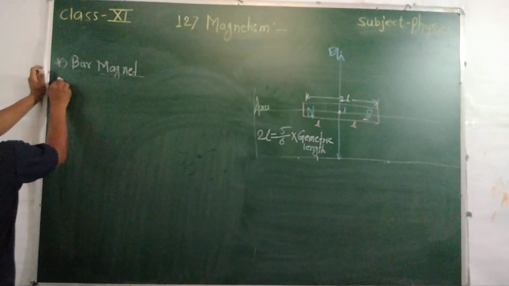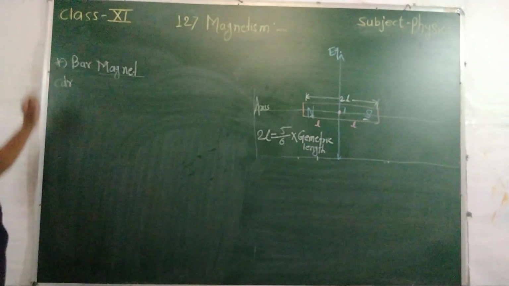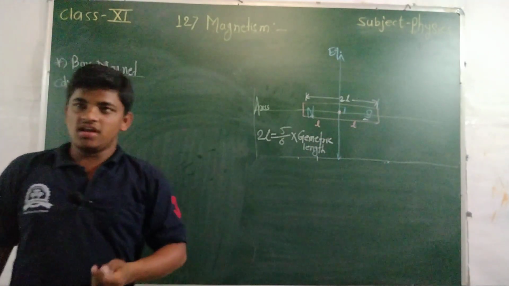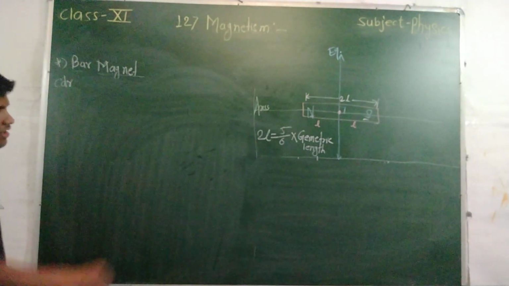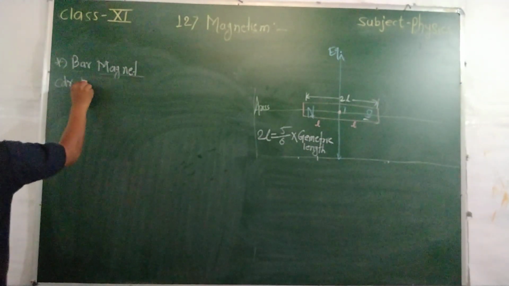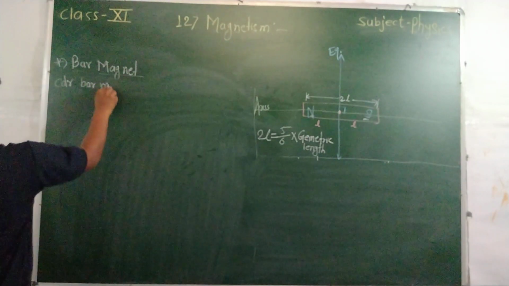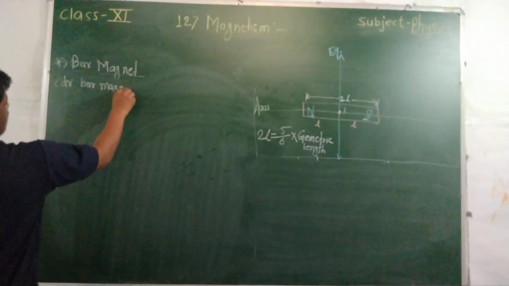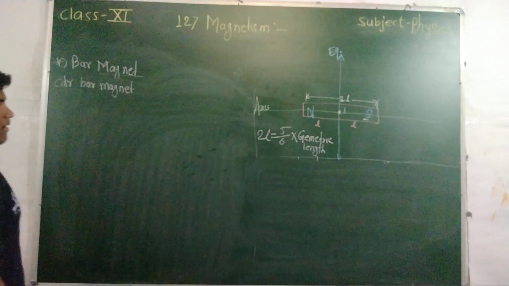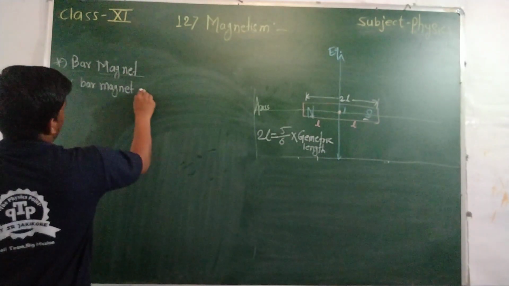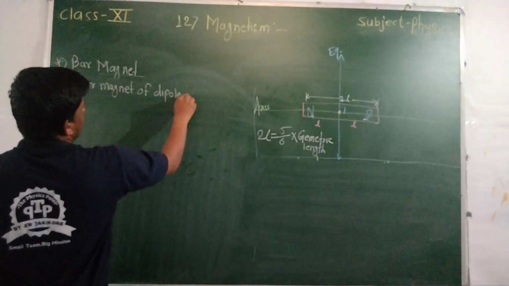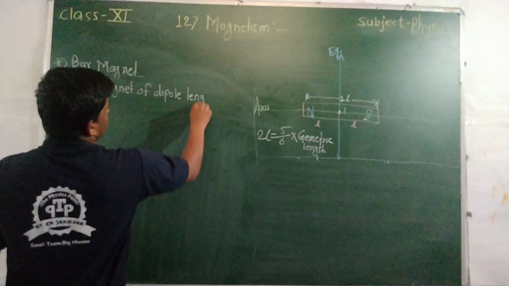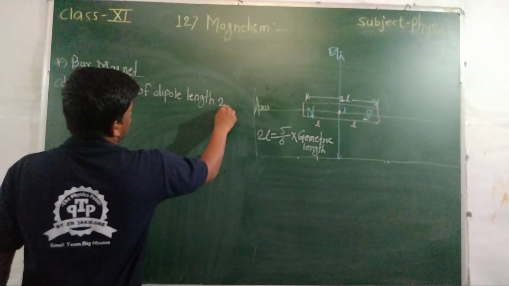Consider a bar magnet of dipole length 2L.